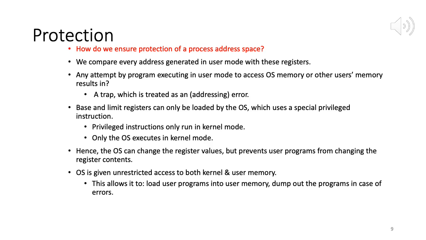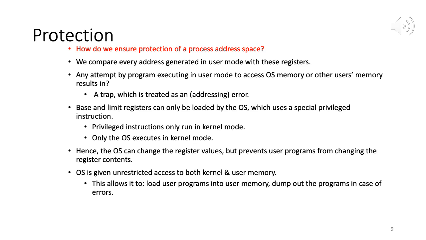In the next slide we'll see, using a picture, how we ensure this. But what we do is, for each memory access we check with the base and limit register values. If it's within bounds, we go ahead with the access, otherwise we don't allow it, we have a trap.